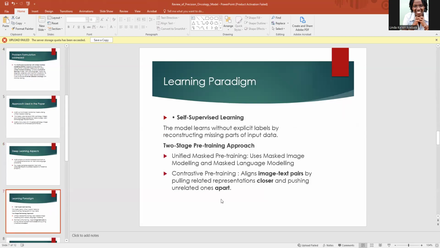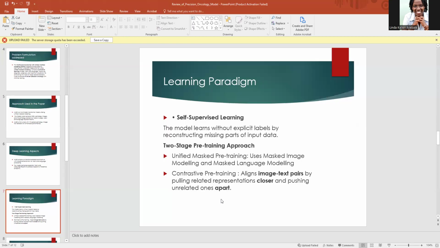The learning paradigm used was self-supervised learning, where the model learns without explicit labels by reconstructing missing parts of input data. During pre-training, the paper talks about two stages.